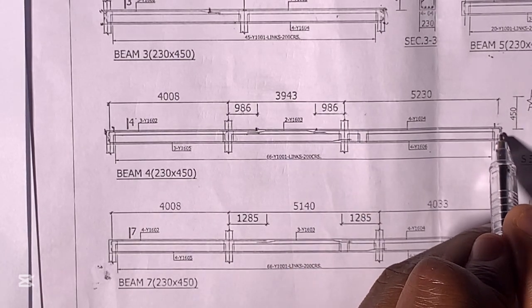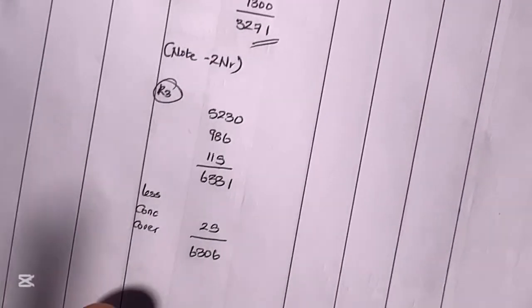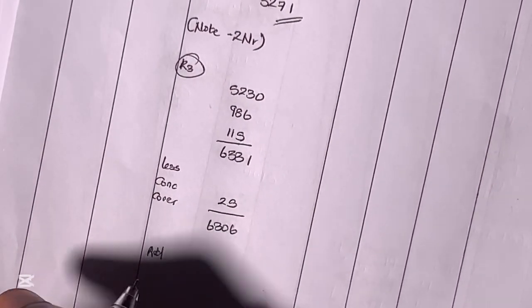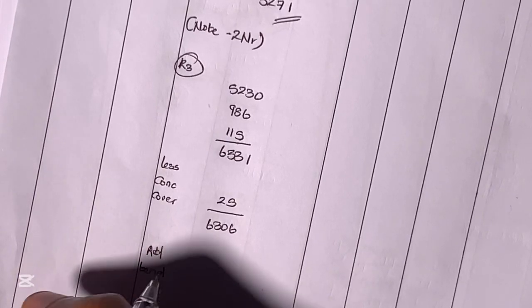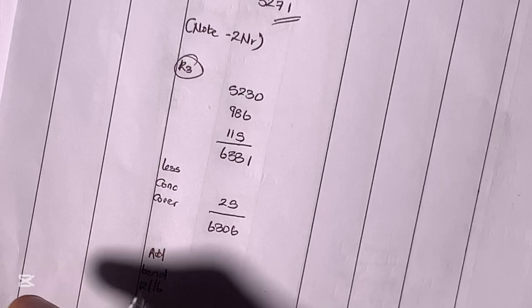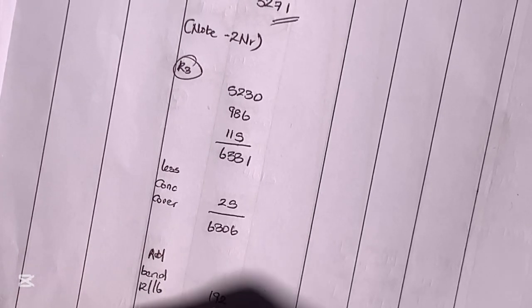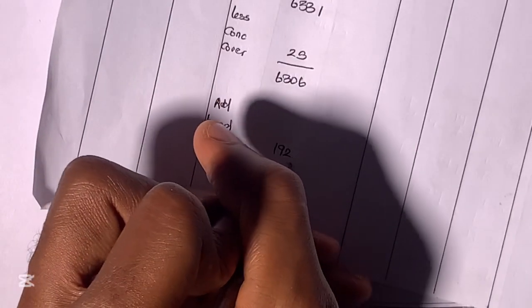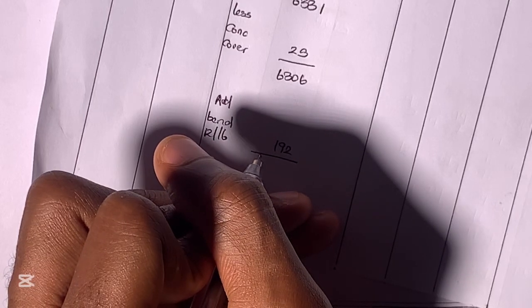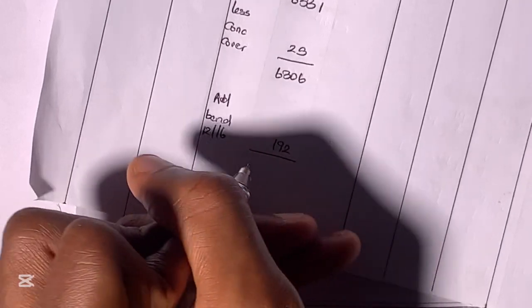So we'll have to add this bend, which is 12D. So 12 times 16 is equal to 192. So 6306 plus 192 is equal to 6498.